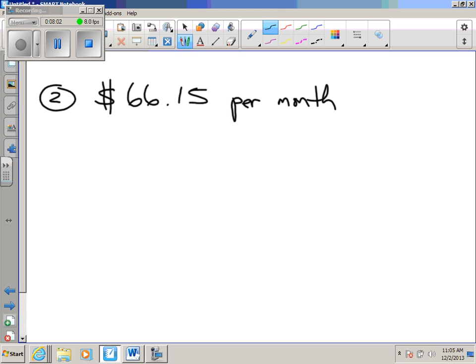How many of them are using the membership? 3. Now, how much should they be paying if each of them got their own membership? How are we going to figure that out? If each of them got their own membership, that divide by 3, I would have to multiply by 3, right?